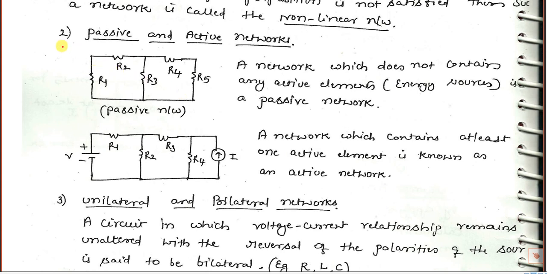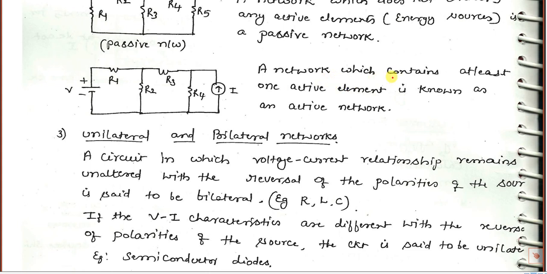Next, what do you mean by active and passive network? In a passive network, there are no active elements, only passive elements, R, L, C, without any voltage source. If it consists of only resistors, then this is called a passive network. A network which does not contain any active element, like voltage source and current source, is called a passive network.